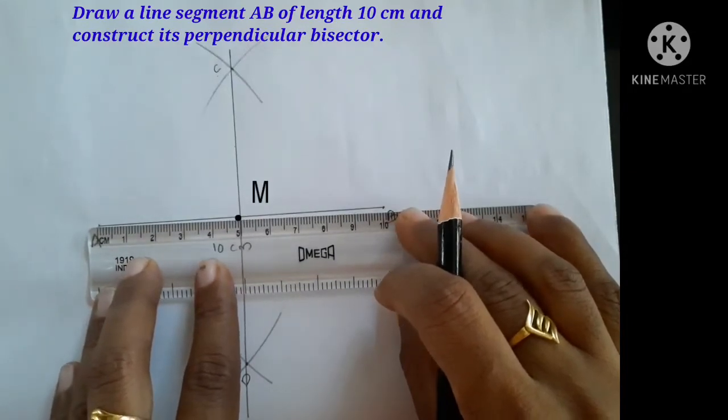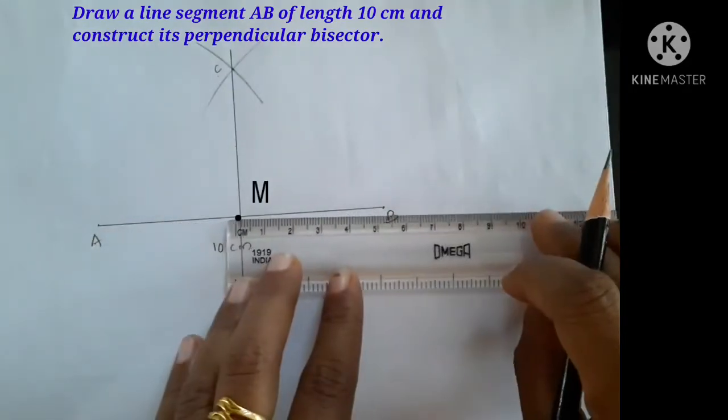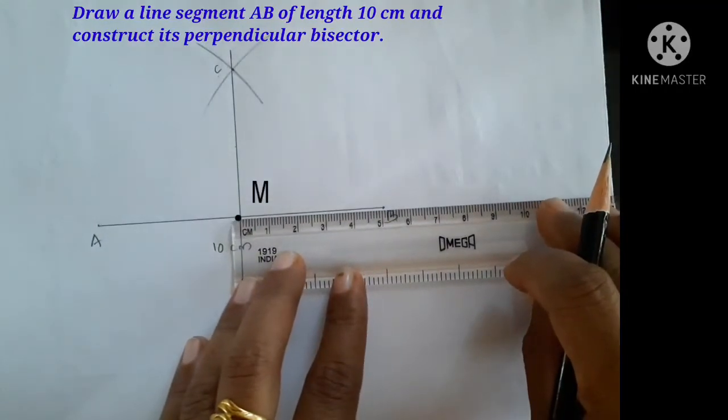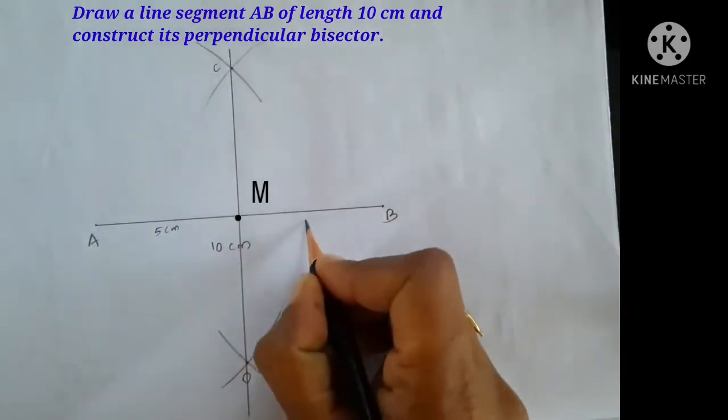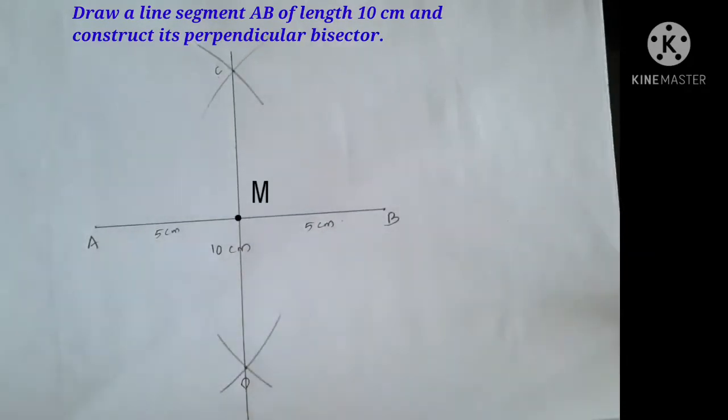The measure of AM is exactly half of 10, and line segment MB also measures 5 centimeters. Here we have got 5 centimeters, here too 5 centimeters. This is how we construct a perpendicular bisector for the given line segment.